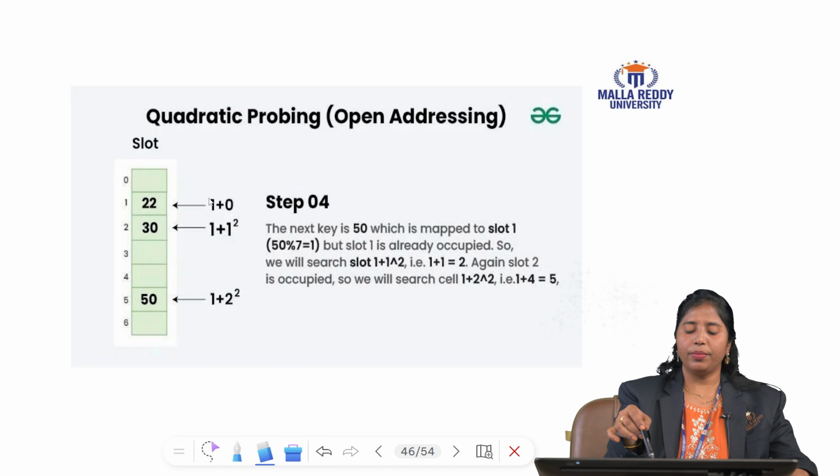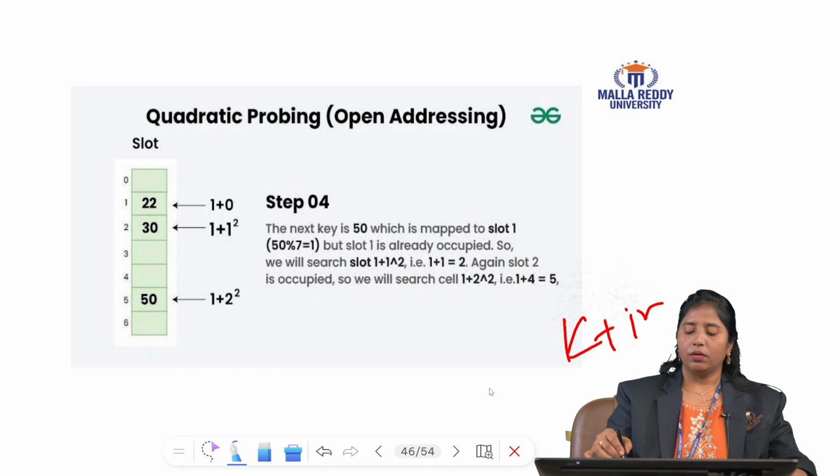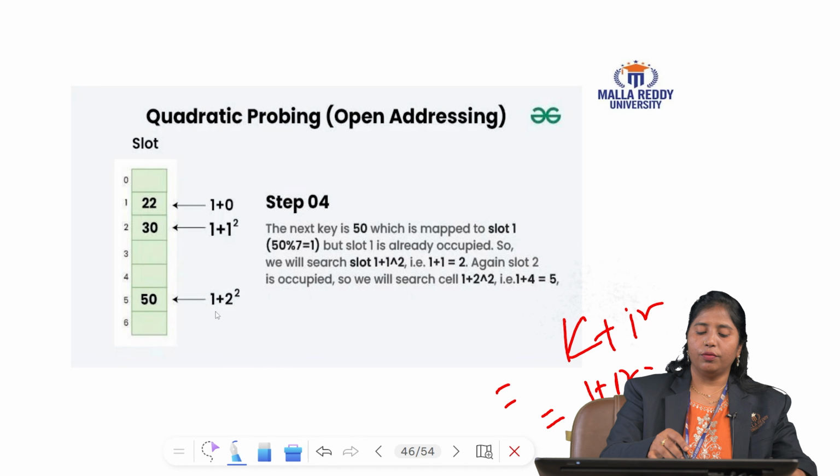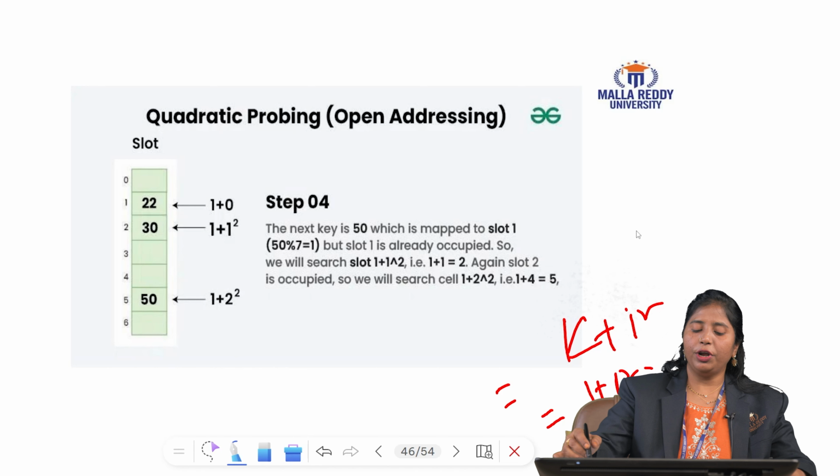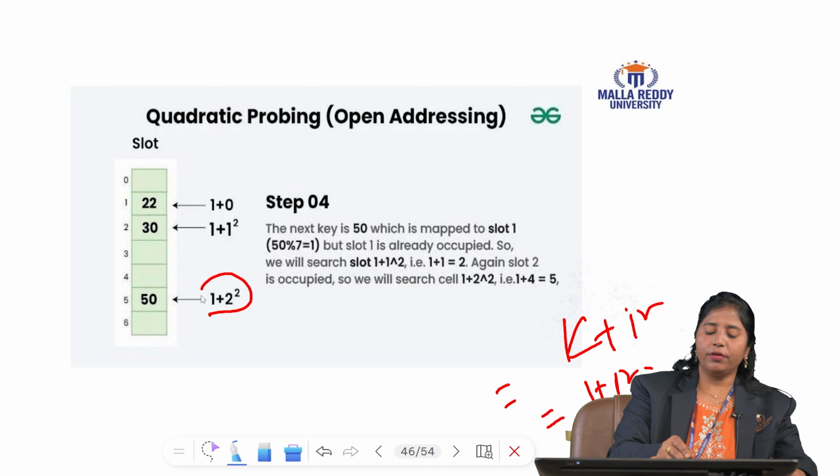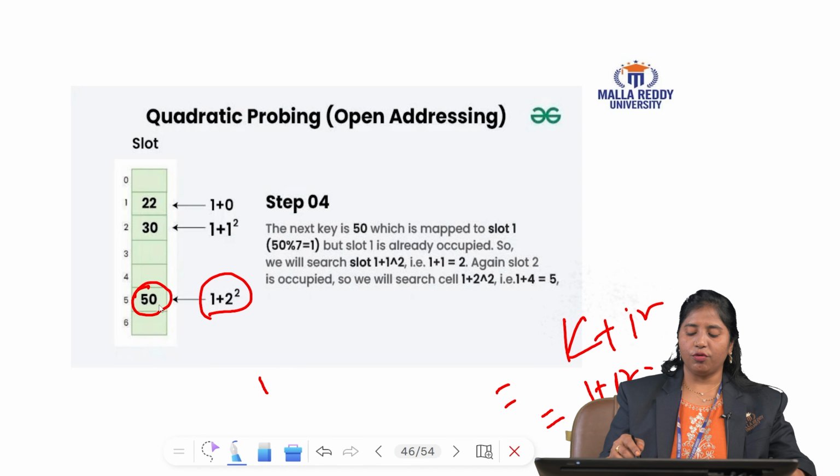So the first time a collision occurs, we take K plus I square. So 1 plus 1 square means the second place, but it is filled. If the collision occurs, then the I value increases. So the 58th element will be stored with 1 plus 2 squares, then the 5th place, 1 plus 4 means 5. At the 5th place, this element is stored.